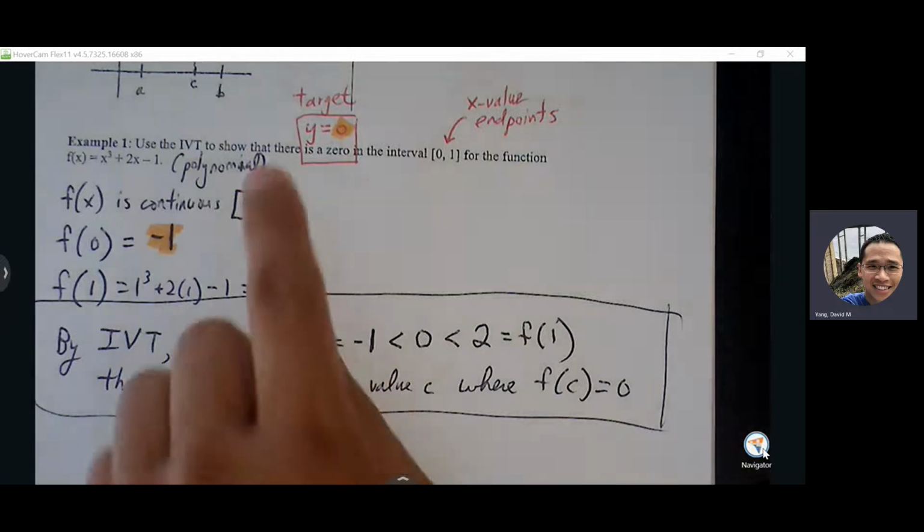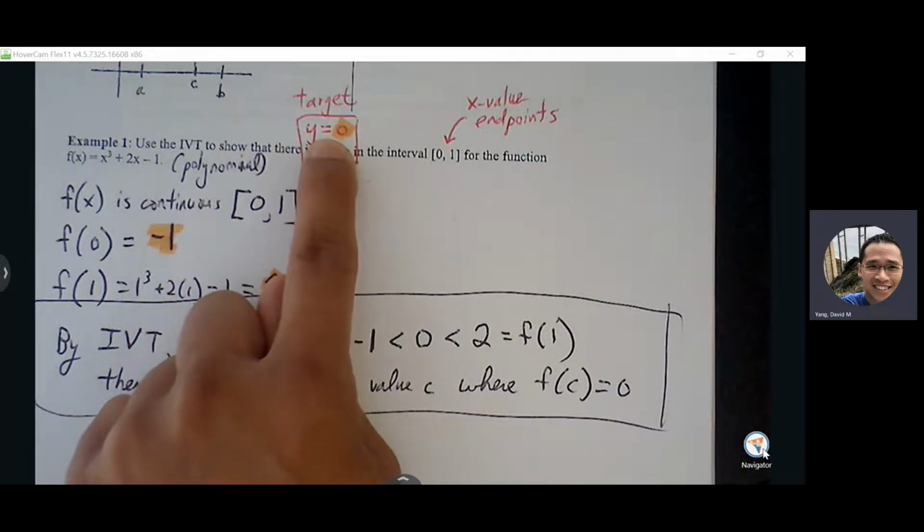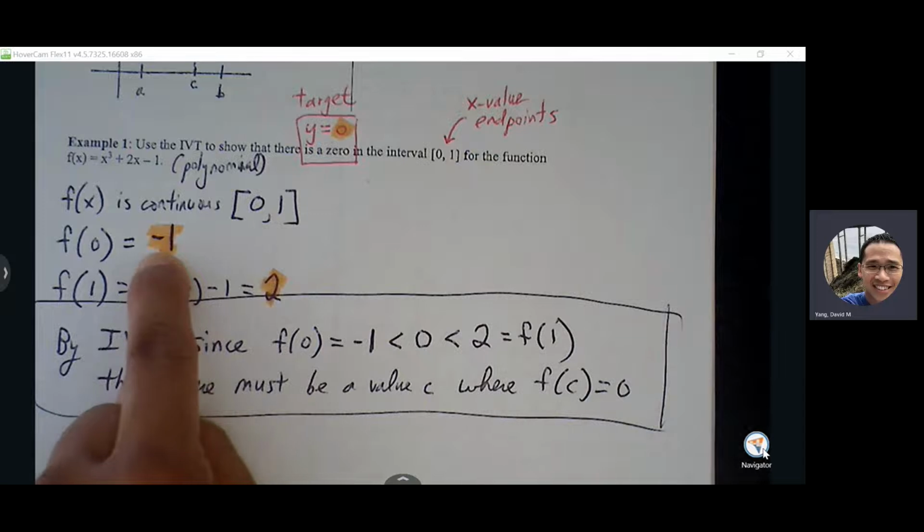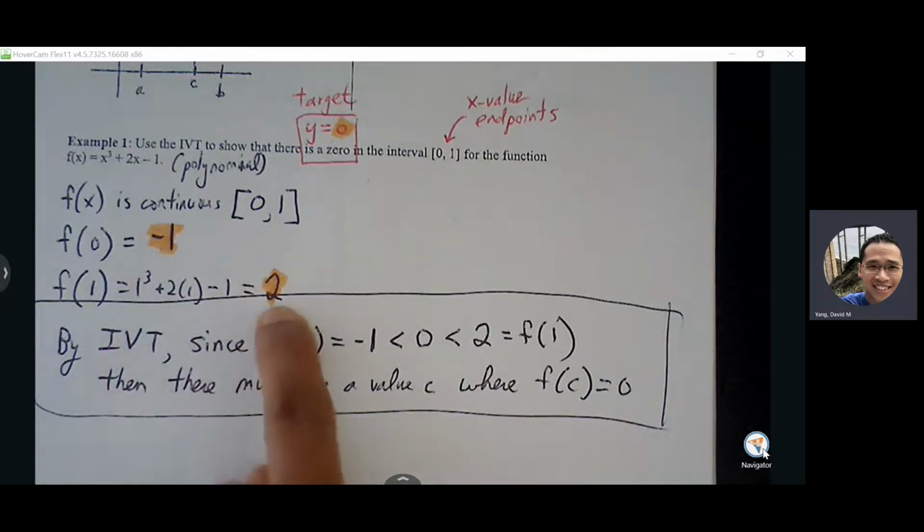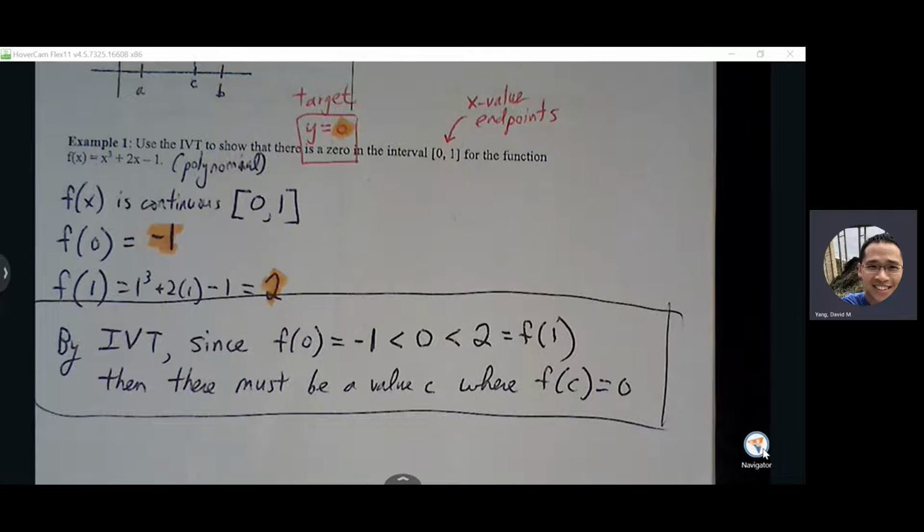Then, whatever my target y value is, I need to confirm that one of the endpoints produces a value below our target, and the other endpoint produces a value above my target. If I have these 3 pieces of information, I can guarantee that whatever target we're looking for is going to be reached. Okay. And that's really all IVT is, right? We want to guarantee a y value, confirm that it's continuous, confirm the endpoint has a y value either above or below, and confirm that the other endpoint has a y value on the other side of the first endpoint.